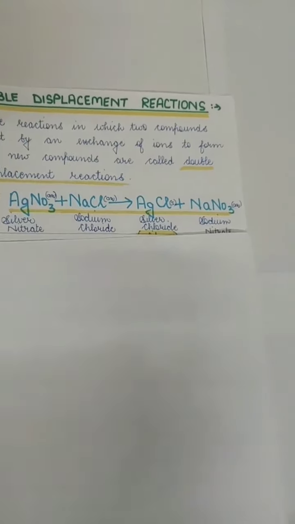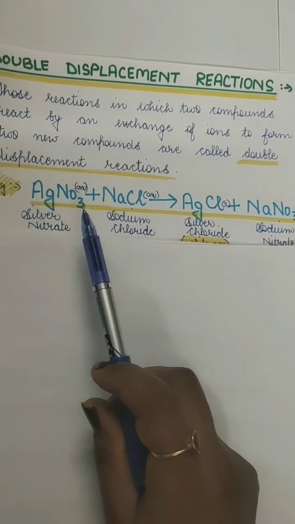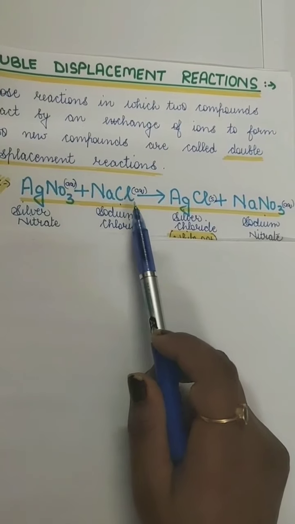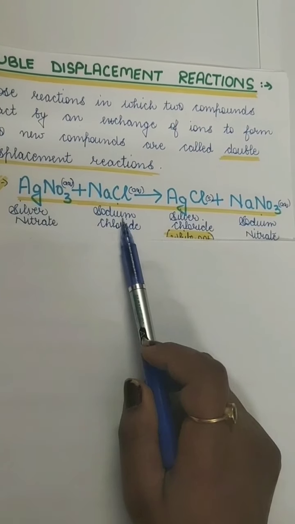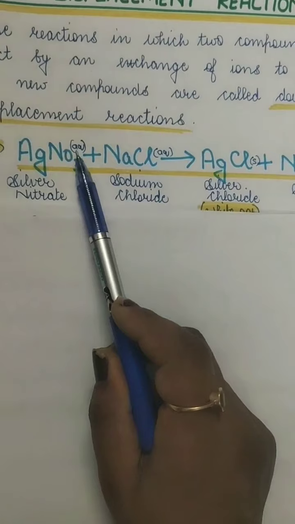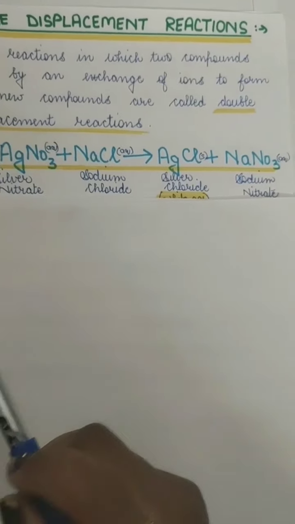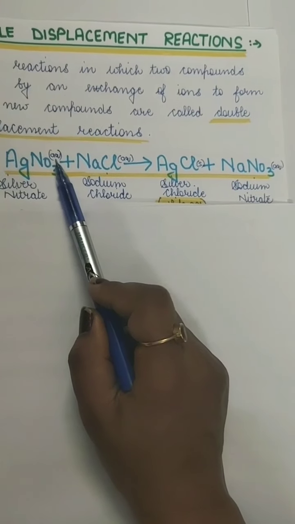So for example, AgNO3. Now AgNO3 is a salt, that is silver nitrate, and the other one is sodium chloride. I have written aq and aq here and s and aq here. So aq means it's an aqueous solution.